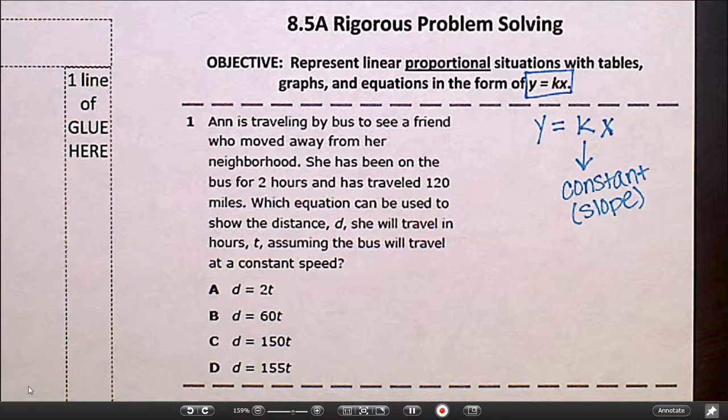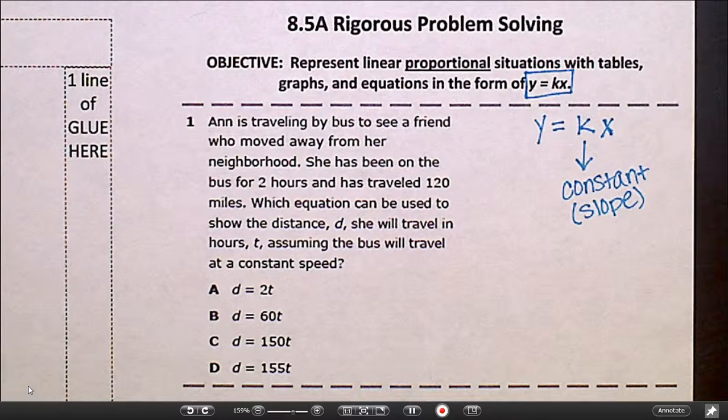We can show it all 3 ways when we're given a problem, or they're just going to ask us to show it one way. But remember that it's all the same thing. It's just some people like looking at tables, some people like looking at graphs, some people like the equations. So we need to be able to show that data in whatever way the STAR test people want us to show it.